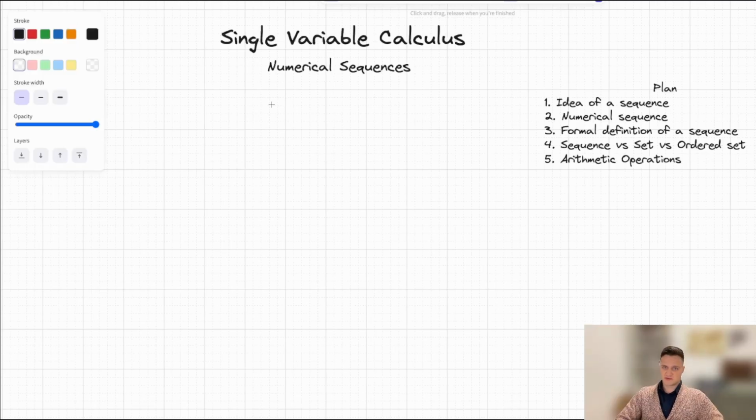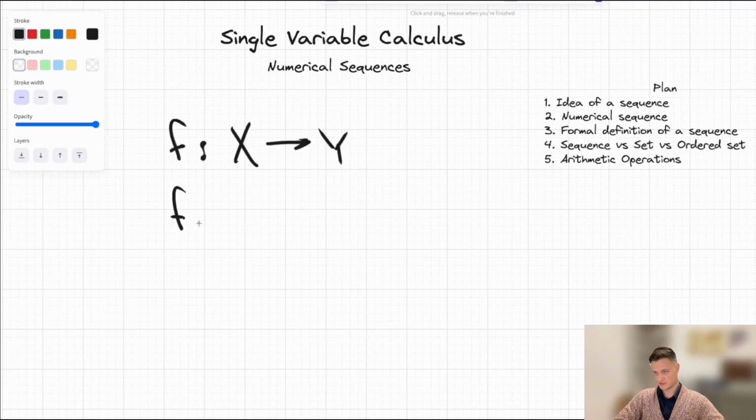To understand sequences formally, let's recall our function definition from the video with the corresponding name. Just as a function maps one set to the other, as a reminder, we can think of a sequence as a function mapping each natural number to a specific element.